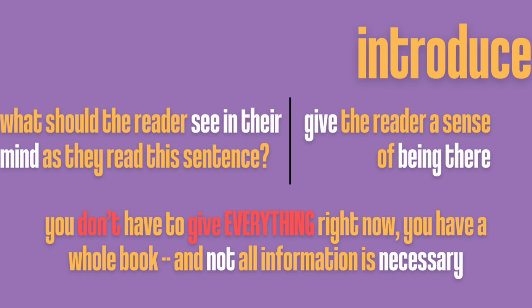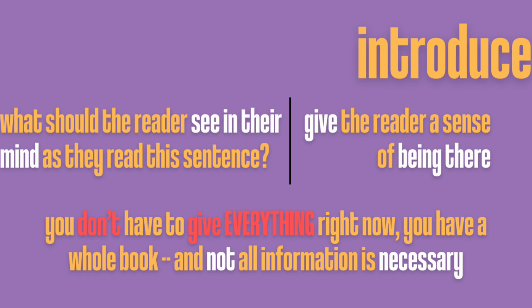But the goal here, in addition to trying to answer that question of when I read this sentence, what should I picture in my brain, is that you want to describe things, anything. The scene, the moment, how the character feels, the weather, the roof, the sky, the ground, the dog, the cats, the whatevers, as though the reader is there in that space, standing within an arm's distance-ish of the character, probably, or maybe slightly farther away, but not too much farther.